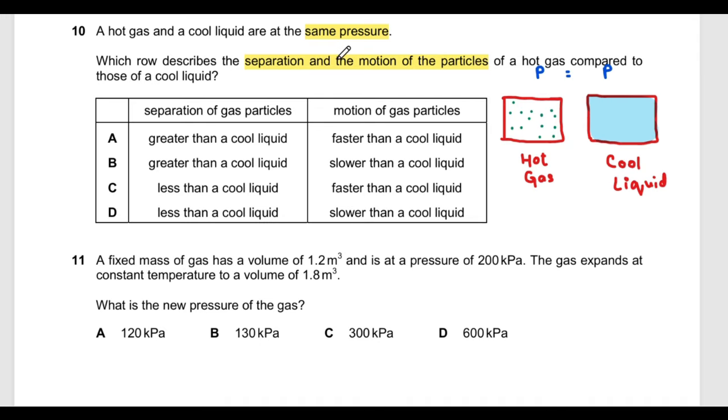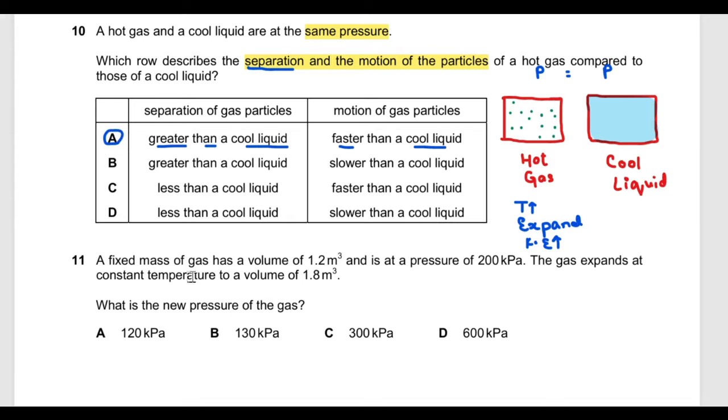Talking about the hot gas, the separation between the molecules would be greater because the temperature is high and the kinetic energy would be high and there would be expansion. So it would be greater than in a liquid. Also, if the kinetic energy of the molecules is high because of the temperature, the motion would also be faster than a cool liquid. So option A is correct.